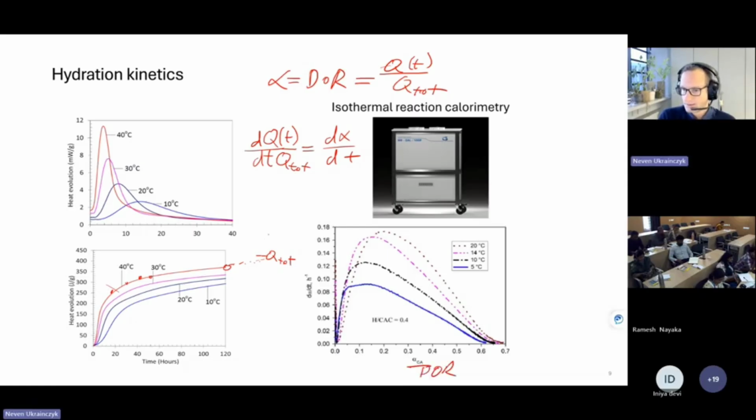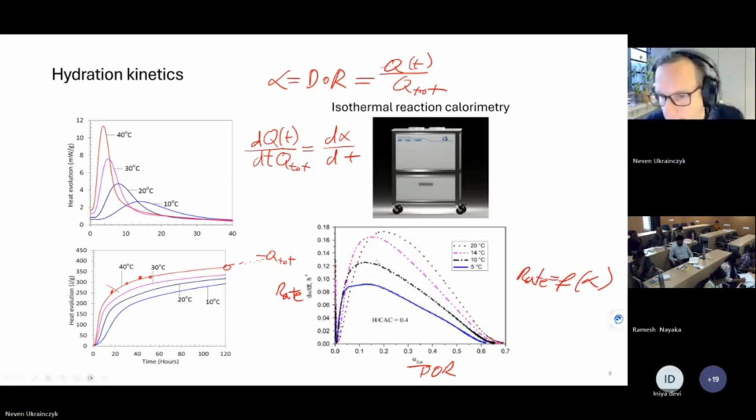And here you have this d alpha dt. This is the rate. So basically, it's the rate as a function of the degree of reaction. Let's call it alpha now. And then you get this kind of curves, master curves.